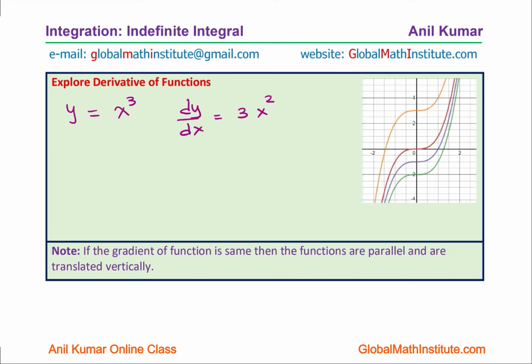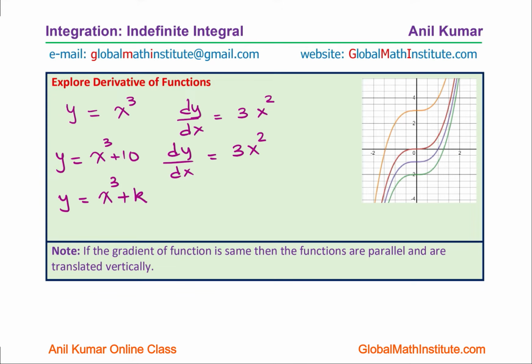Well, let's further explore. If I have the function x cubed, let's say, plus 10, in that case, what is the derivative? Well, clearly, the derivative still is 3x squared. Reason is simple. For any constant, the derivative is 0. Okay, how about y equals x cubed plus some constant k, right?